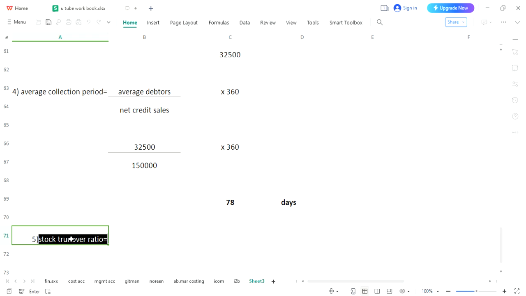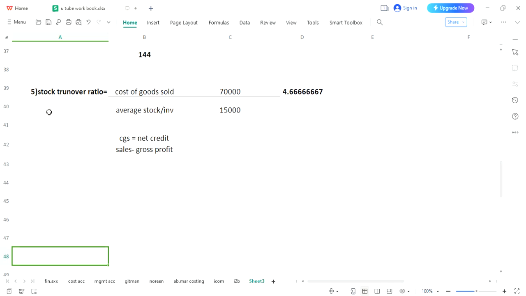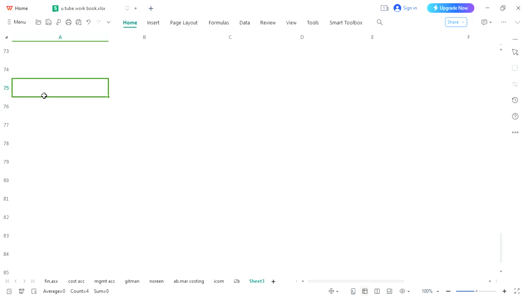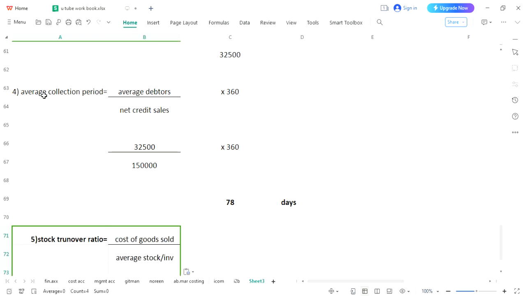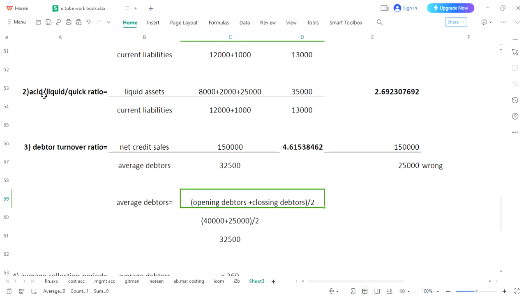Now fifth is the stock turnover ratio, and we are going to copy these formulas and use the same over here. As usual, cost of sale is given in the question. Let's go back.